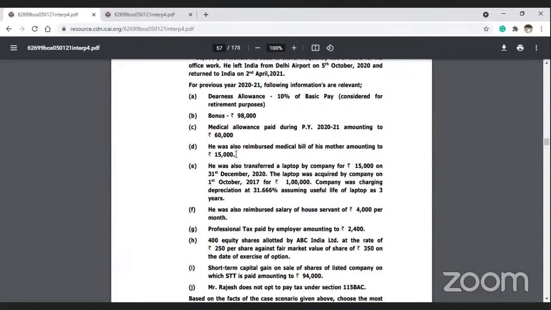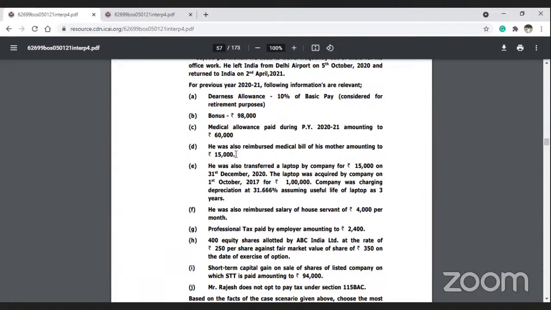So we'll go to point F. He was also reimbursed salary of house servant of 4,000 per month. So assume that he is a specified employee. So 4,000 into 12, 48,000.